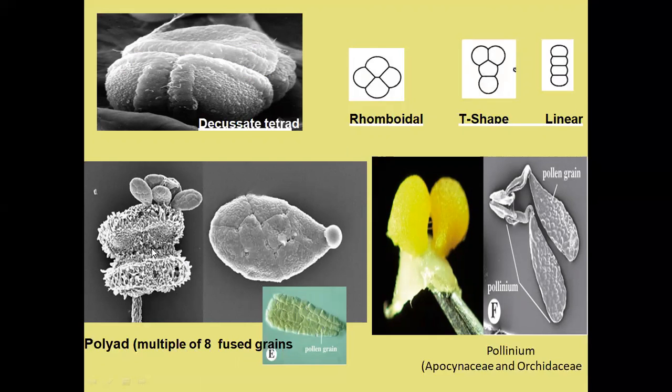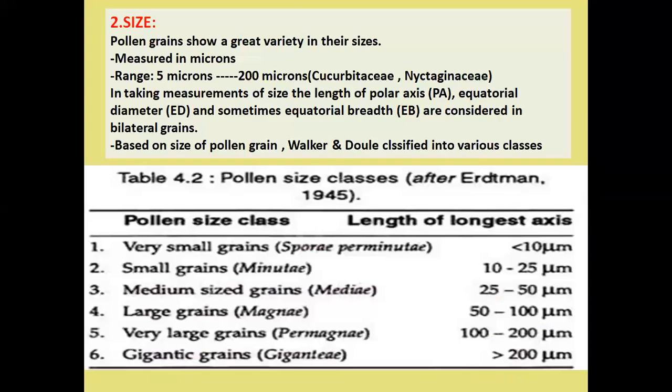These are called polyads. And these are pollinia, which contain the corpusculum and a translator mechanism to release the pollen grains. In Apocynaceae, Asclepiadaceae and Orchidaceae members, you can see in this photograph and easily understand the pollen unit. Pollen unit refers to the number of pollen grains released at maturity.